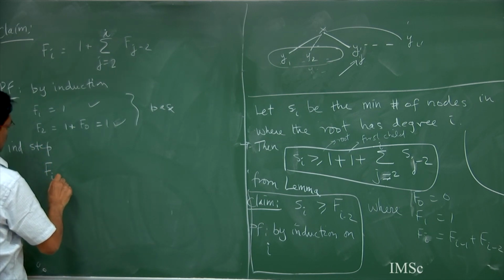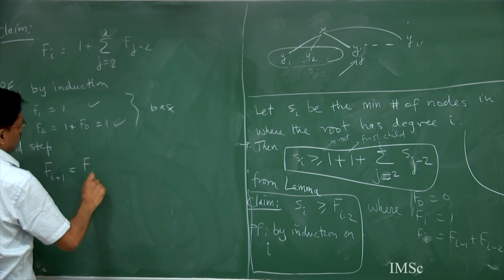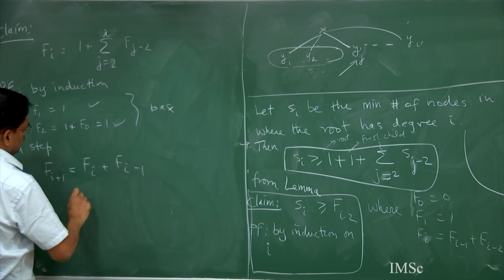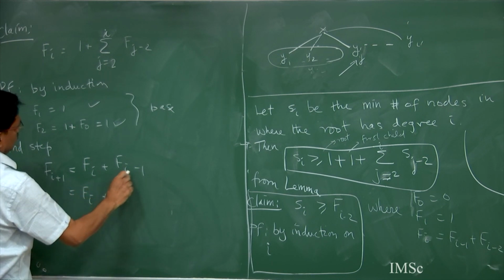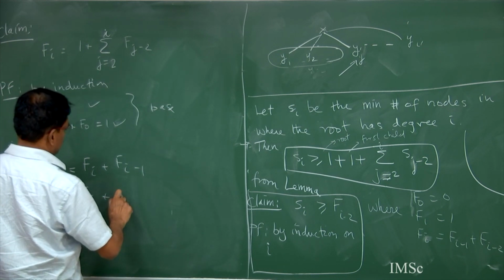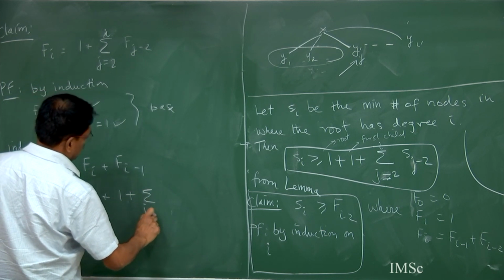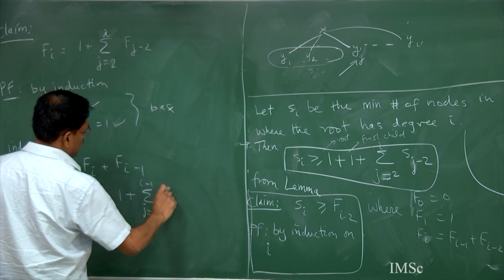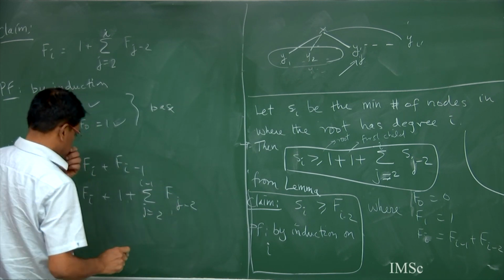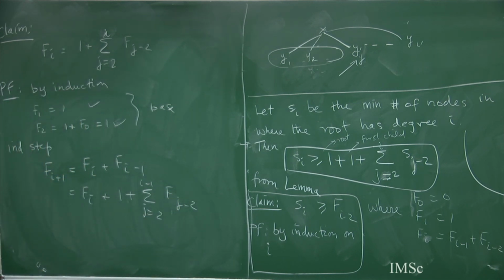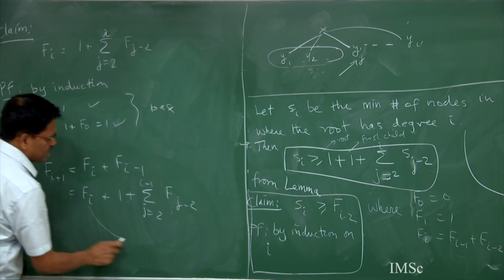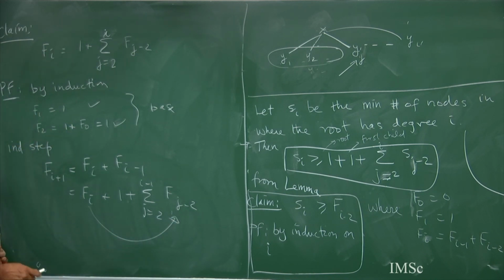Fi plus 1 by definition is Fi plus Fi minus 1. And from the induction hypothesis, I'm going to say Fi is 1 plus summation j equal to 2 to I minus 1 of Fj minus 2. So you bring this in, right?